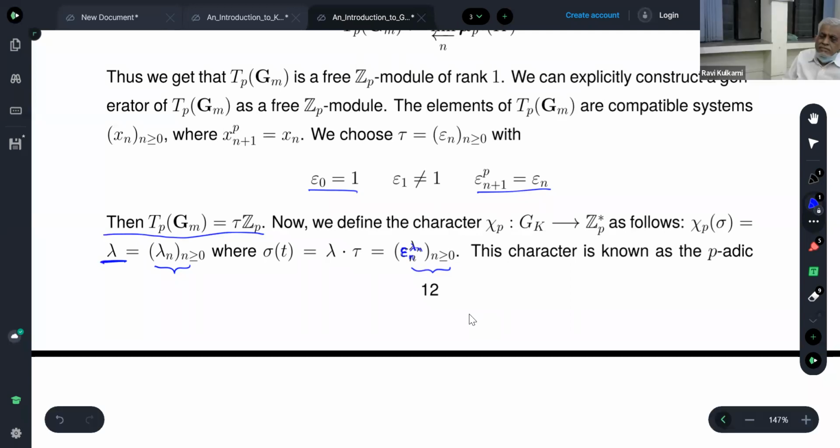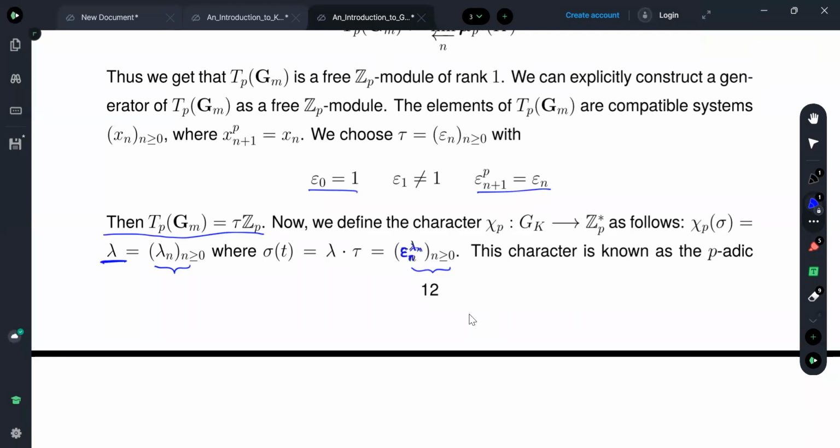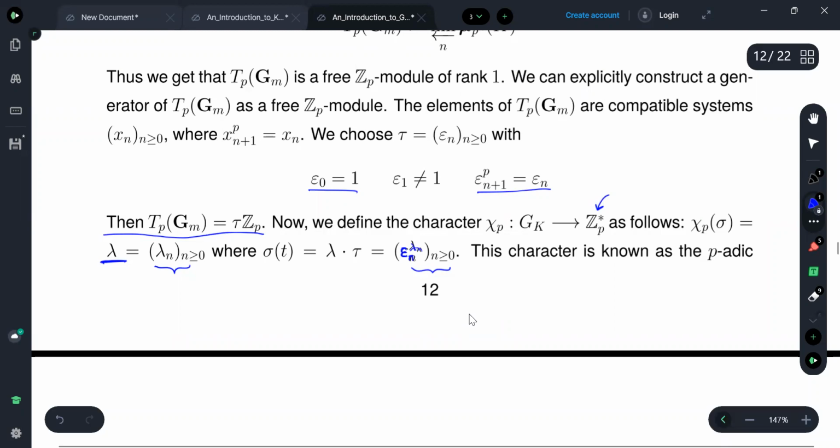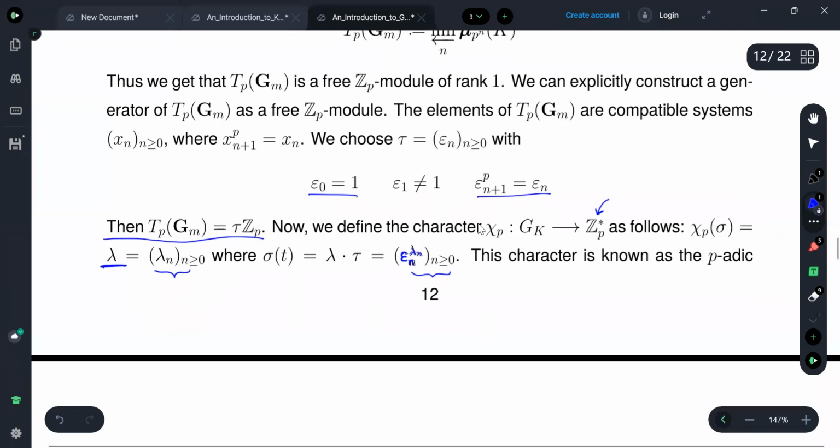What is Z_p star? Z_p star means all the units inside Z_p. Yeah, so one can check that its values are all units in Z_p.